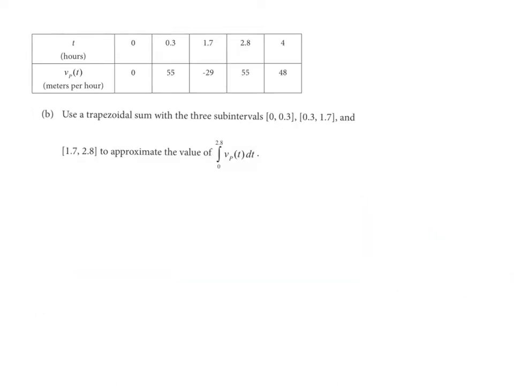So part B of this question asks you to find a trapezoidal sum. If you recall, the trapezoidal sum means that you're going to be finding areas of a bunch of trapezoids and then adding them together. The area of a trapezoid is 1/2 times base 1 plus base 2 times height.